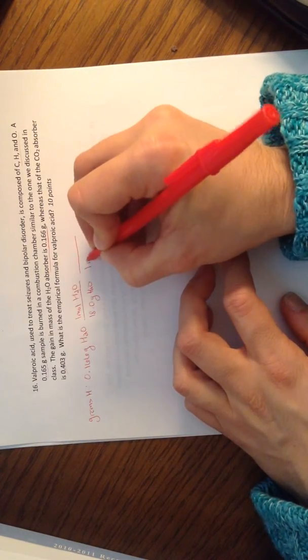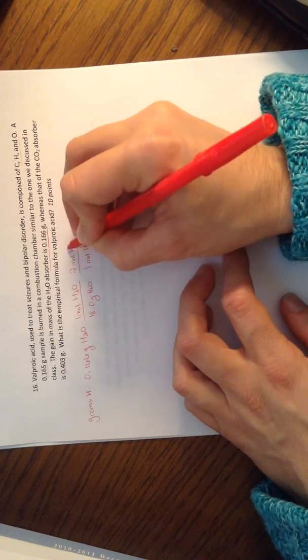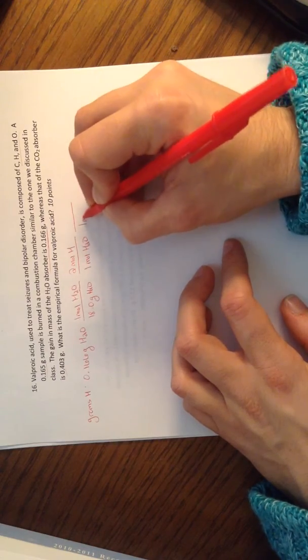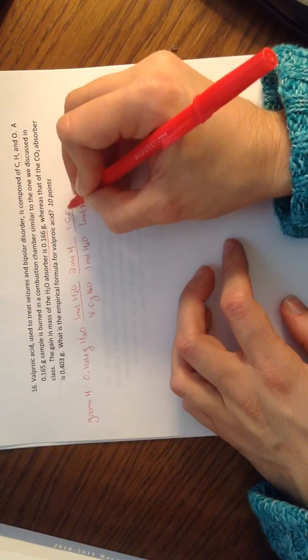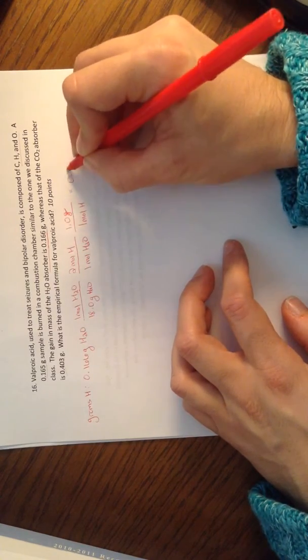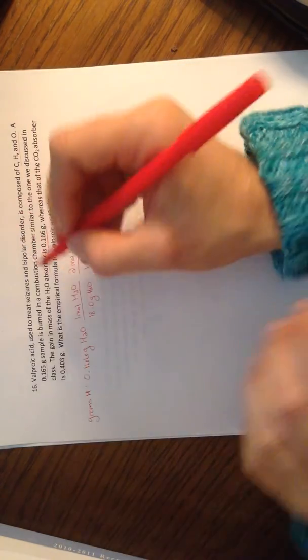For every 1 mole of H2O, I have 2 moles of hydrogen. That was a place where a lot of folks struggled. And every 1 mole hydrogen has 1 gram for its molar mass. So I get 0.0184 grams hydrogen.